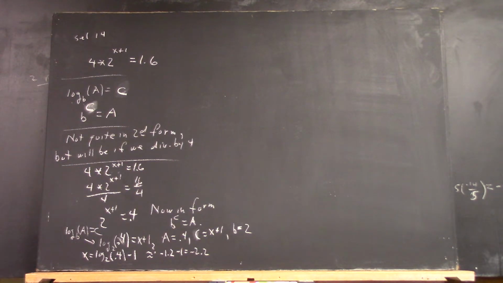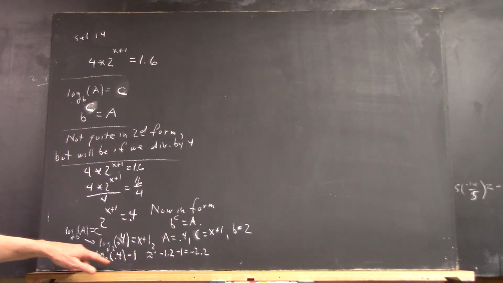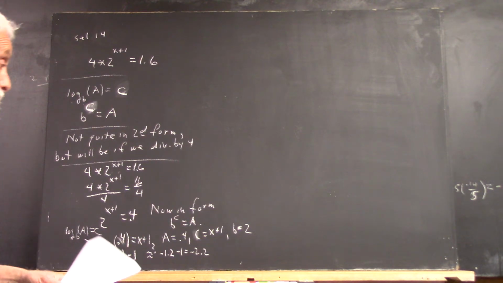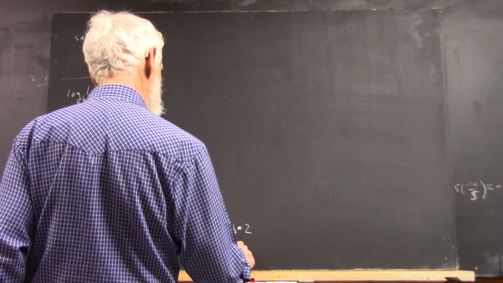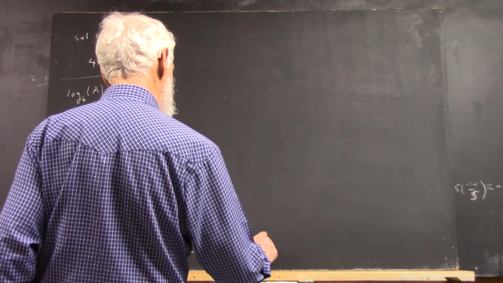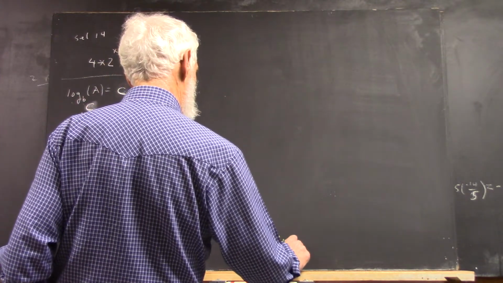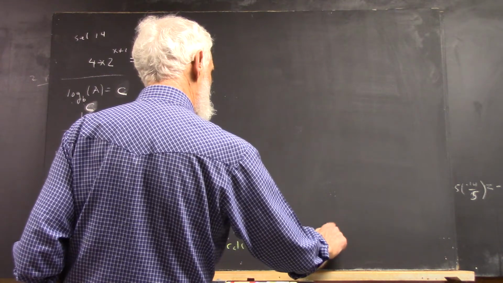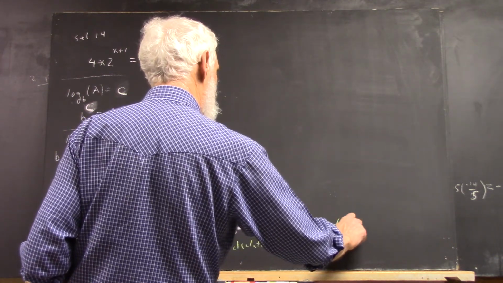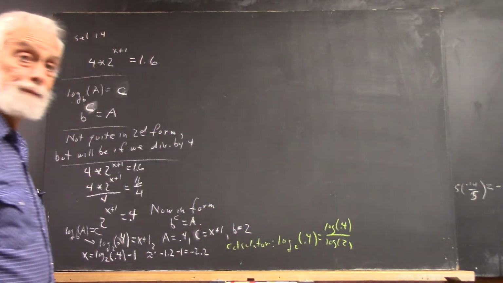Okay? Now, you would do it using your calculator, right? To evaluate log base 2 of 0.4, what would you do? You take log base 2 of 0.4 equals log of 0.4 divided by the log of 2.